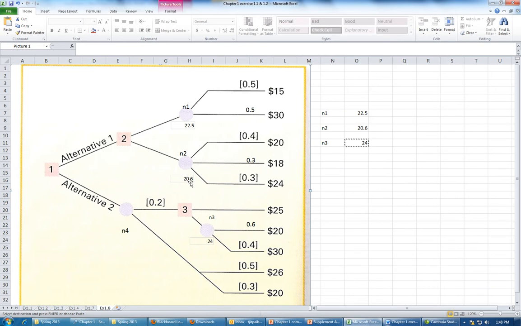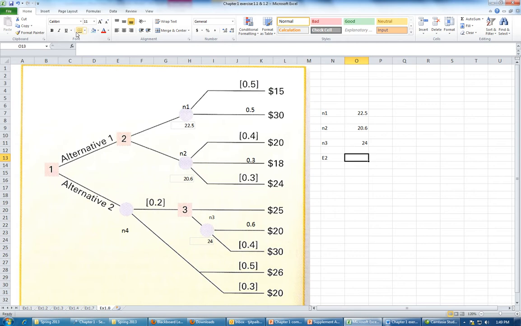Now next we are going to make a decision on event 2. On event 2, you can see that you're going to pick the best payoff.